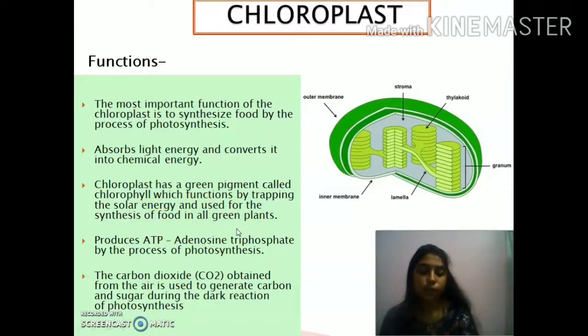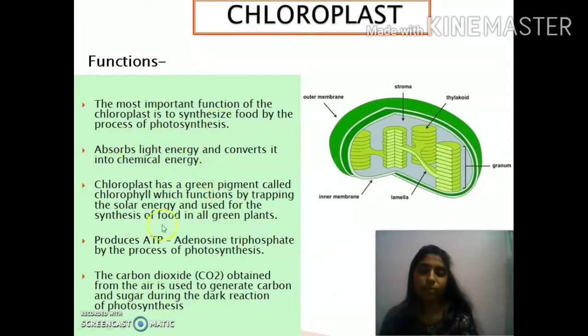That means the chloroplast consists of a very essential green colored pigment which helps to capture the sunlight or the solar energy, and this green pigment is termed as chlorophyll, and it is present within the chloroplast. So it is also a very important function or significance of chloroplast.